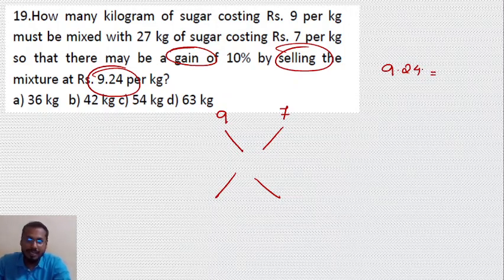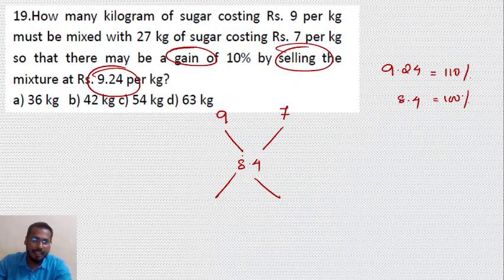So selling price is 9.24, 10% profit means 110%. So what is 100%? That's what we need to find. So 924 divided by 110, you will get 8.4. Just write 8.4 and solve this. So 9 minus 8.4 and 8.4 minus 7.